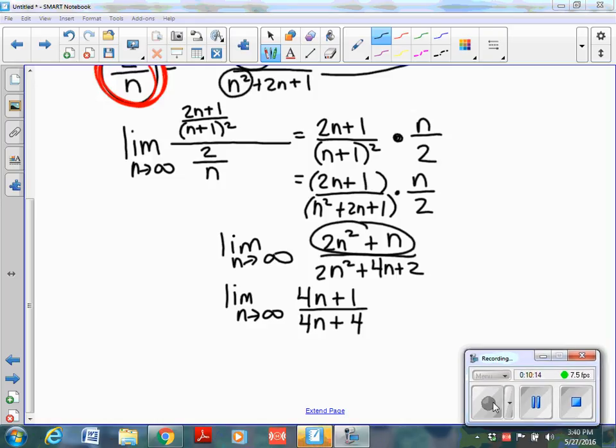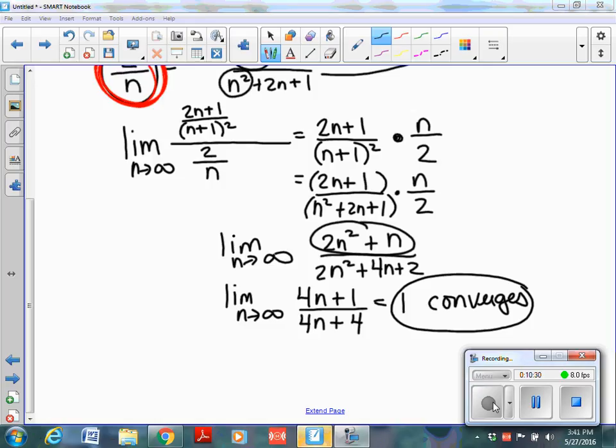You can keep continuing this and you're going to get 1. So it converges. I can, again, take the derivative of that and get 4, and 4 over 4 makes 1. That's how I got 1.